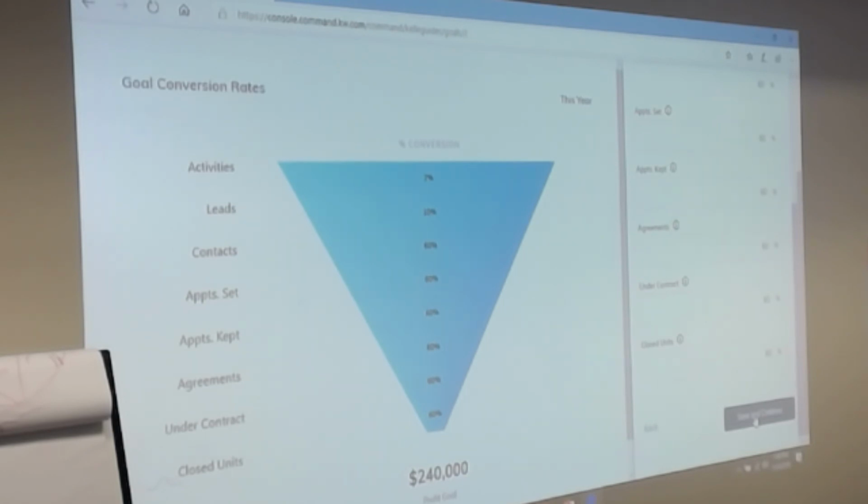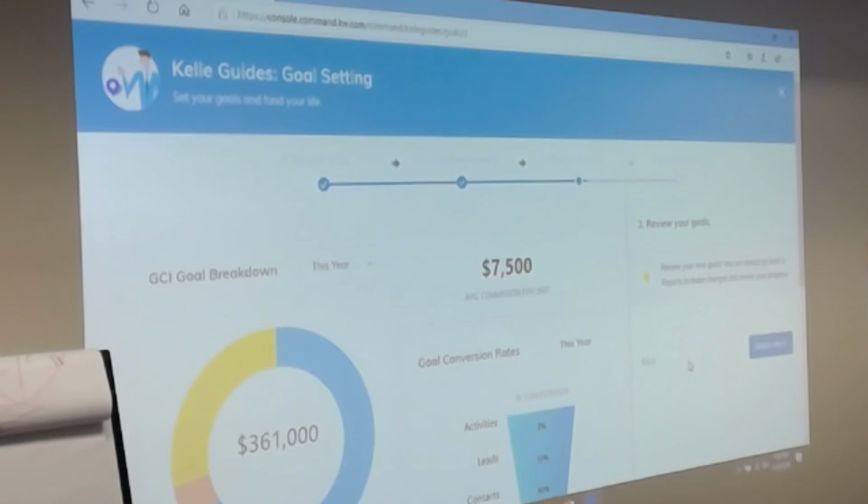That's a good point. Not only do I get a listing agreement, but how long does it take to sell it? You would think they'd have that factored in here, but I don't think they do yet, but it's probably something we should send to them to see if they're thinking about it. That's a really hard thing to figure out on average. So the idea would be that 60% of your listings are going to sell within that year, but it'd be nice to know how soon they will, right?